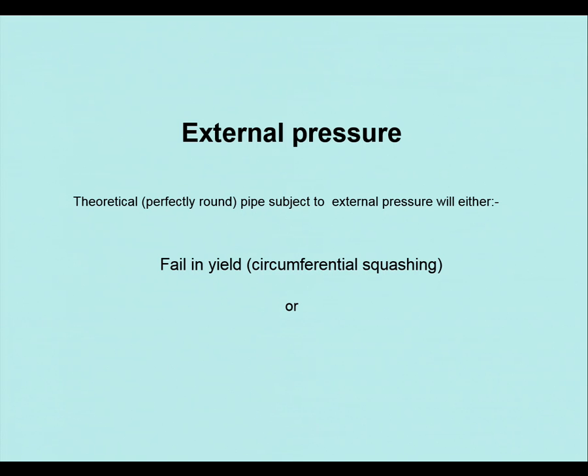But this can buckle and go out of shape before it even goes out of elastic. It doesn't have to go beyond into the plastic range. It can actually buckle when the stresses are in the elastic range. And it's called elastic instability. So it does undergo elastic buckling.